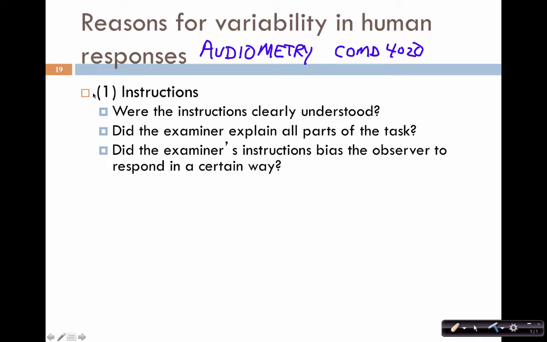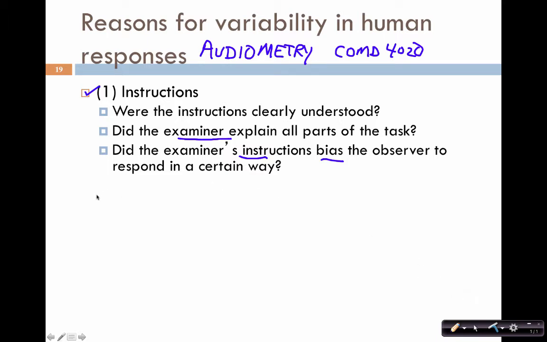So the first set of things to contemplate would be instructions. Were the instructions provided to the listener clear? Were they understood? Were they in language and vocabulary that the person could understand? Did the examiner explain all pertinent parts of the task? Did the examiner's instructions provide any kind of bias to the listener, so that they would respond in a certain way?